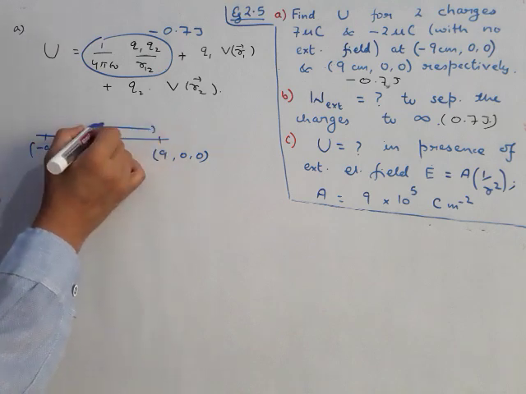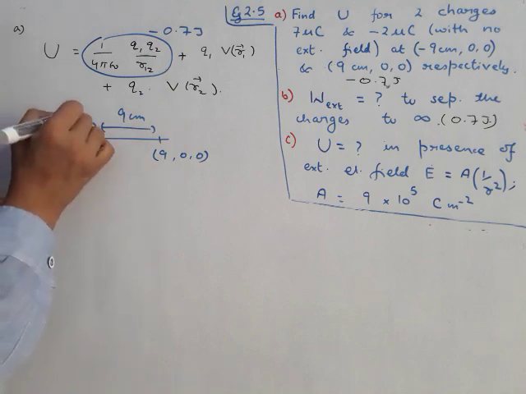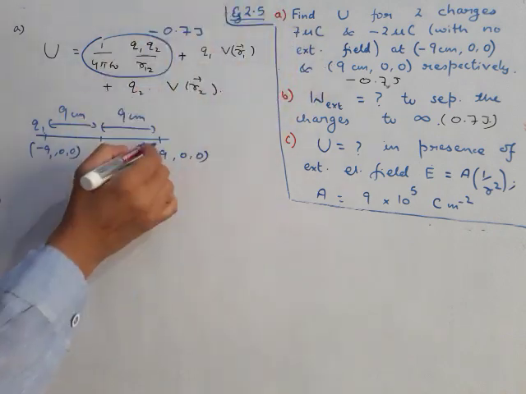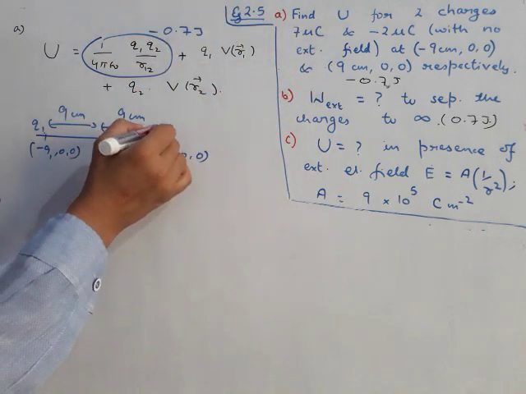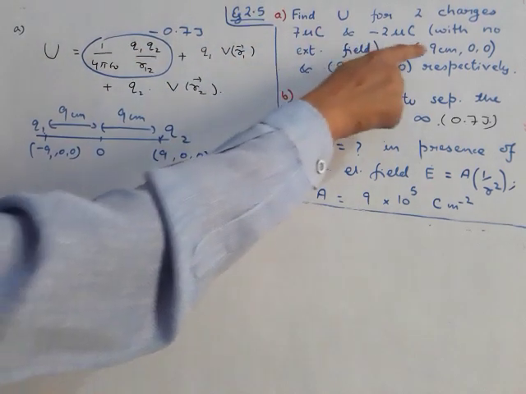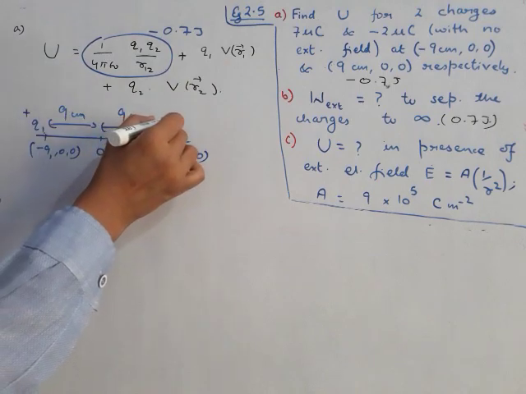This distance, if I ask, you will say 9 centimeter. This distance also, if I ask, you will say 9 centimeter only. Here we have Q1, which is 7 microcoulomb, and here we have Q2, which is minus 2 microcoulomb. The positive charge is placed at minus 9 centimeter, so Q1 is positive and Q2 is negative.